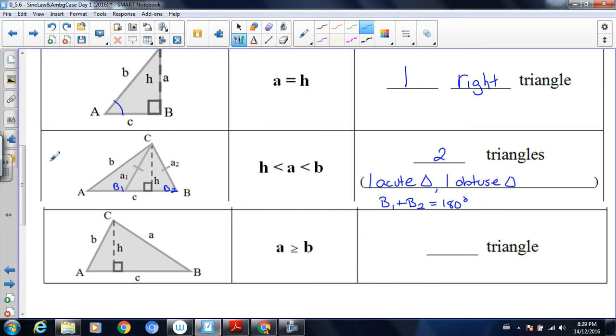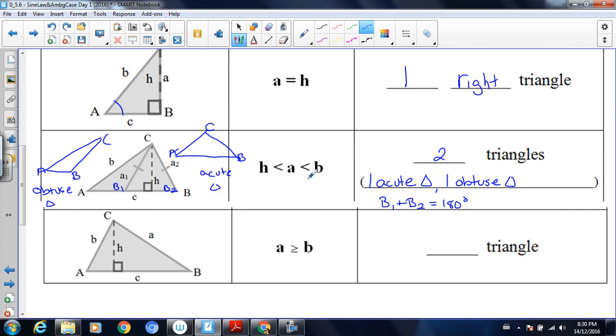The two triangles that you have: one of them that's obtuse is this triangle right here, ABC, and the other triangle is the triangle right here, ABC. This is your obtuse, and this is your acute.